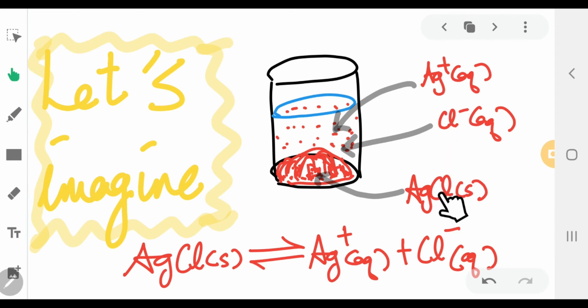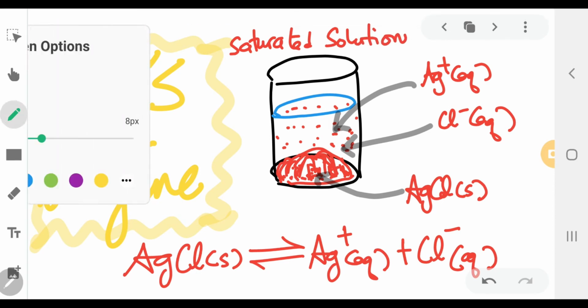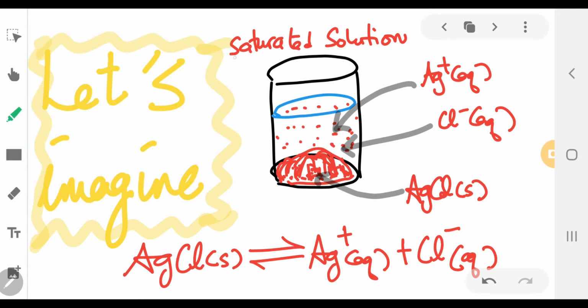So this is what we meant by saturation. What we have right here is a saturated solution. You have your solid, you will be able to see it, and at the same time, in the aqueous phase, we have the ionic species of the salt existing at equilibrium.